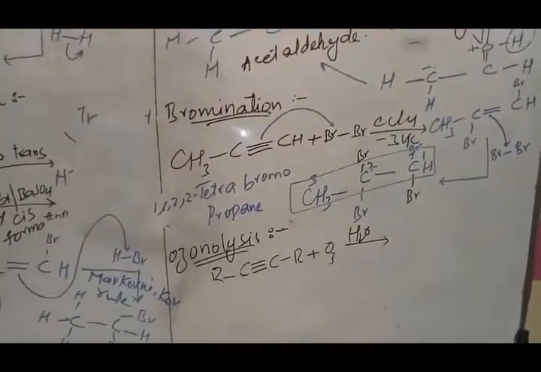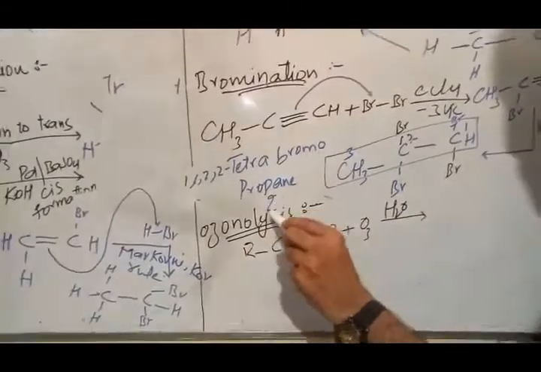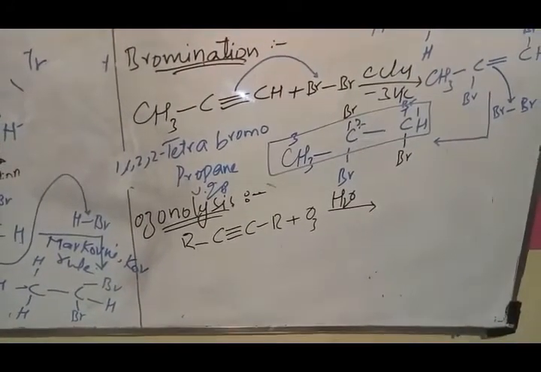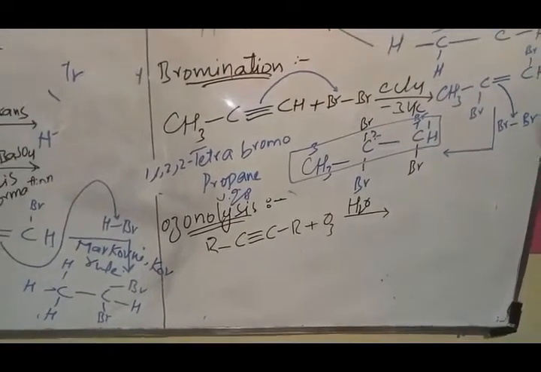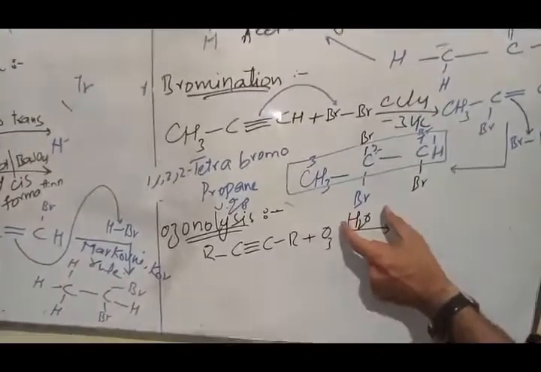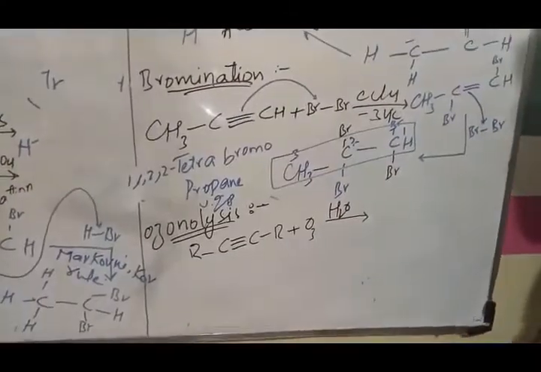Now let's come to the last section of the topic alkyne, that is ozonolysis, and it is a very important reaction to learn. Now we will discuss this by using the mechanism of the reaction. Dear students, for doing ozonolysis we use water. By reacting ozone with this water, it will create a lot of hydroxyl groups, OH groups.